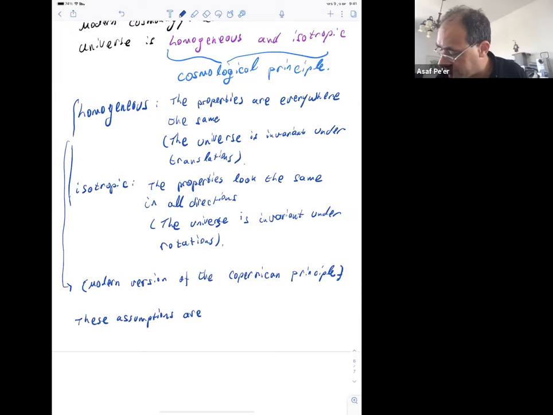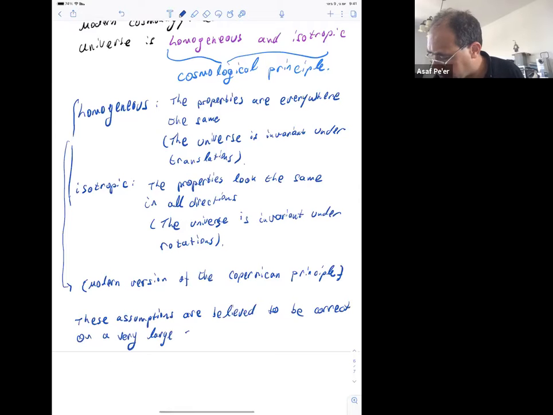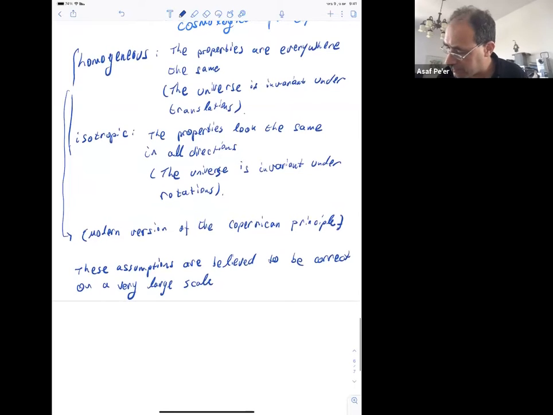We see that when we look at the number counts of galaxies, when we have galactic surveys very far away from the local cluster of galaxies.